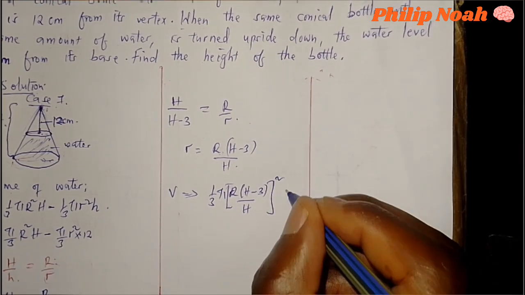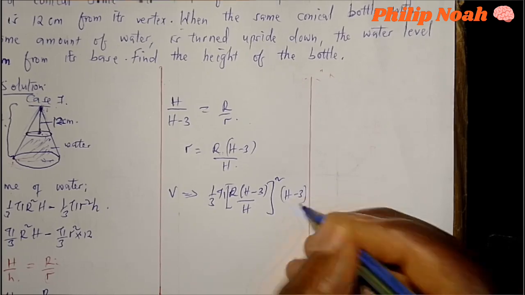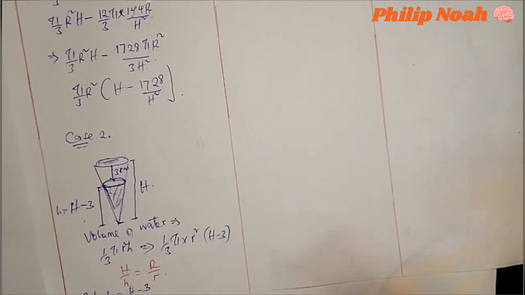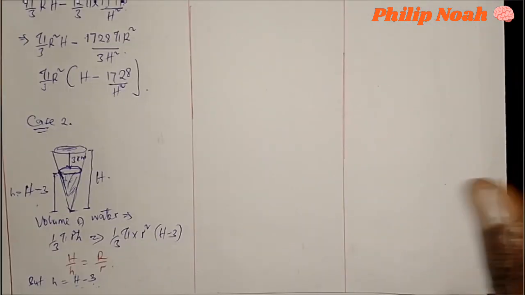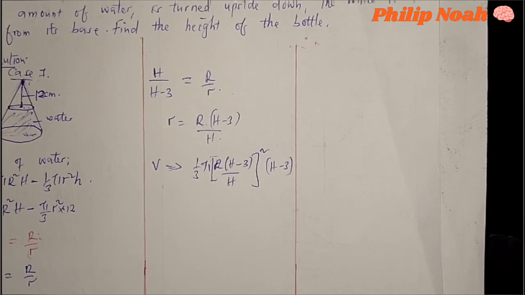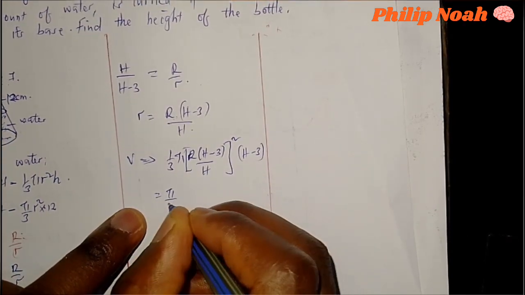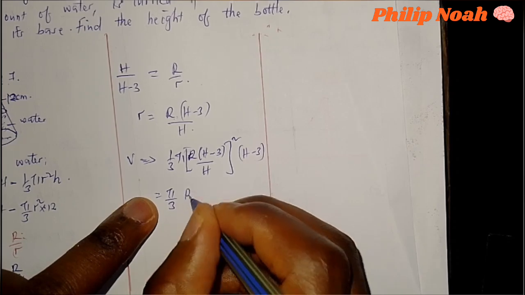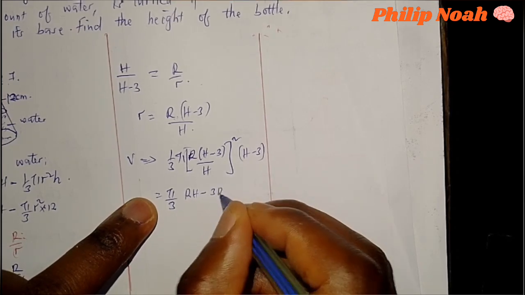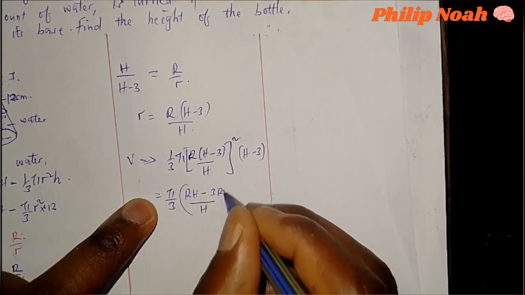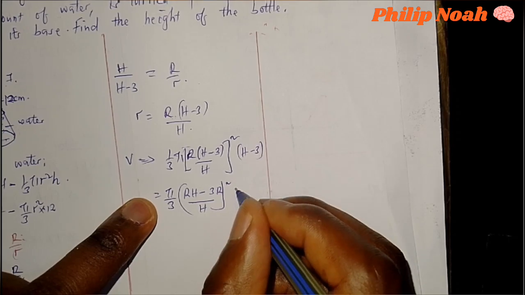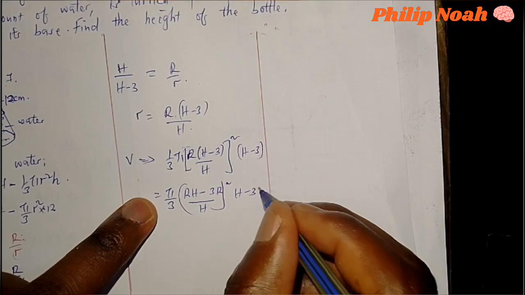Height is h minus 3. Hope you understand. This is the same as pi over 3 times (rh minus 3r over h) squared times (h minus 3).